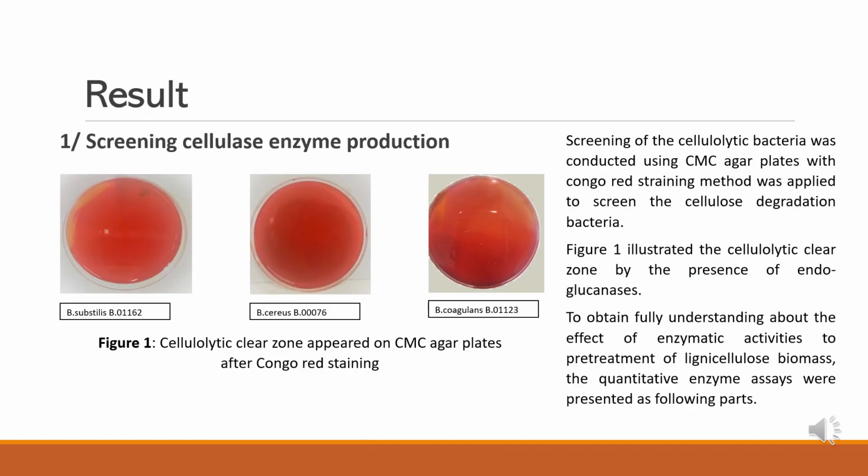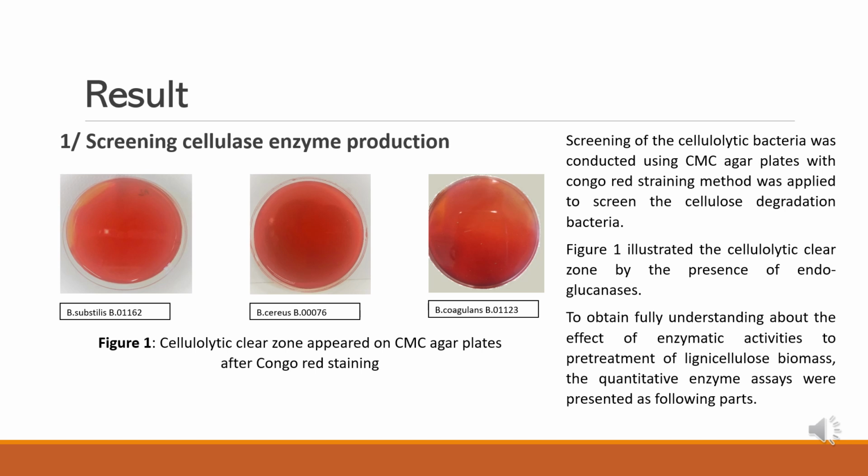Our work has gained many positive results. Screening of the cellulolytic bacteria was conducted firstly to screen the cellulose degradation capacity of different Bacillus bacteria. And you can see in figure 1 the clear zones appearing on the CMC agar plate.